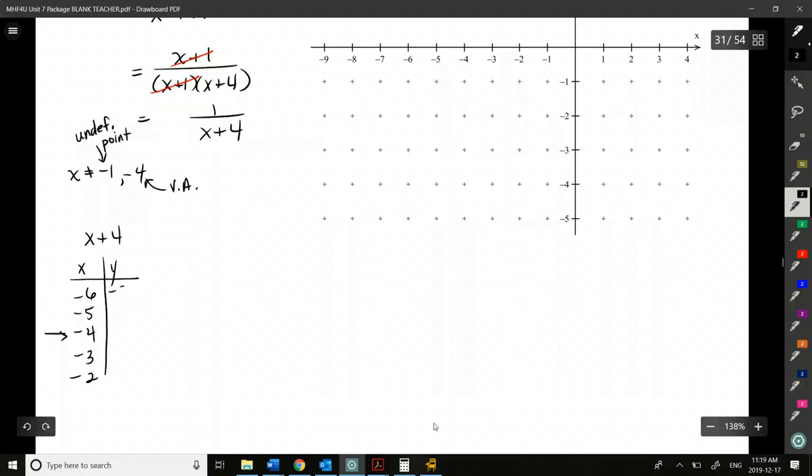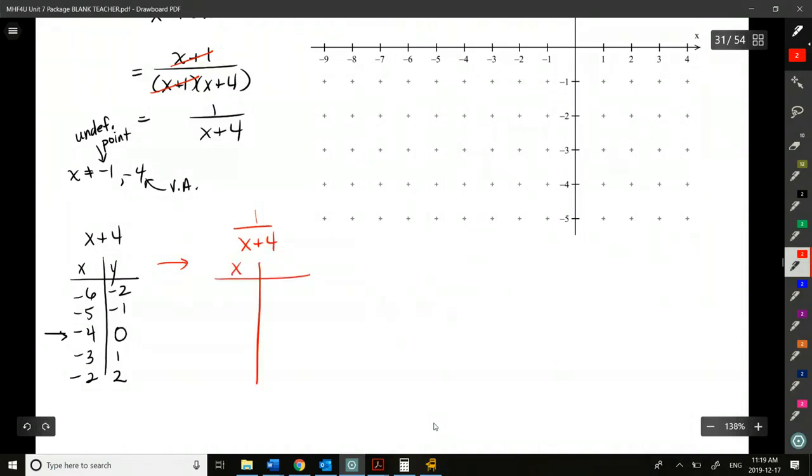So just plugging each of these in, we get -2, -1, this one's 0, and then 1, 2. And then to get 1 over x plus 4, we just do the reciprocal of the y's. So x's stay the same. Y's get reciprocaled: -1/2, -1. Remember, this is a vertical asymptote. 1, 1/2.